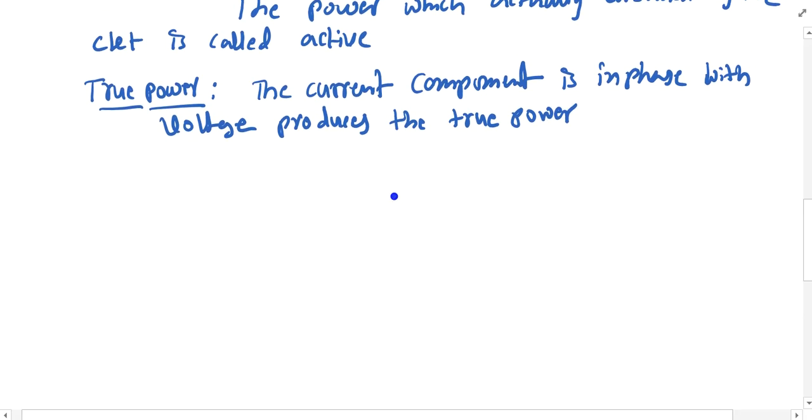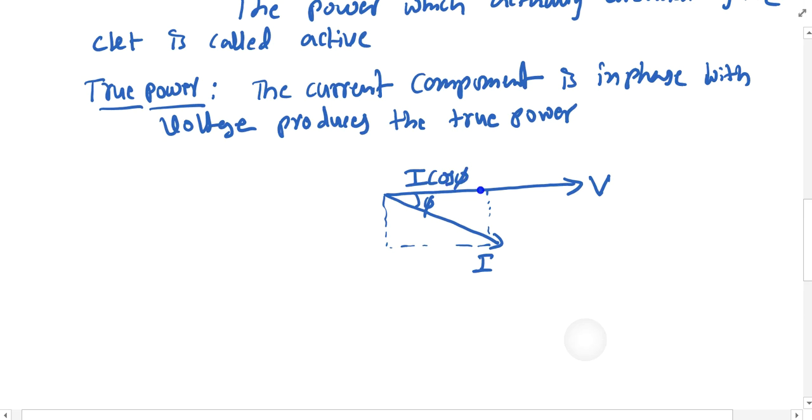I can explain this one here. As we know, this is my vector diagram. This is my I, coming at an angle phi, and my current has different components here. But along with this voltage, I cos phi is the current component which is going in phase with this voltage. So this is the true power.